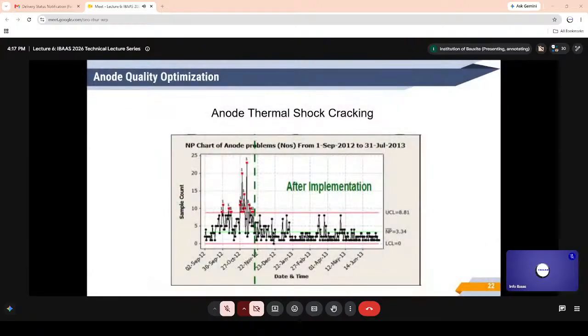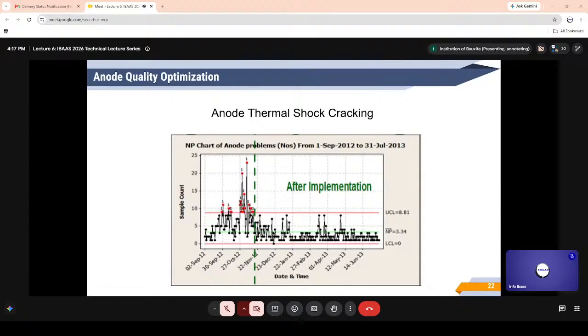The graph shows how thermal shock cracking in anodes was addressed in a plant. As the cell line current increased from 350 kA to 385 kA, anode breakage due to thermal shock rose from 0.5 to 2%. The anode problem was measured as the percentage of extra anodes supplied beyond the scheduled requirement for the reduction rooms.